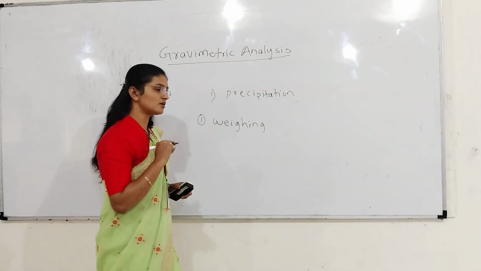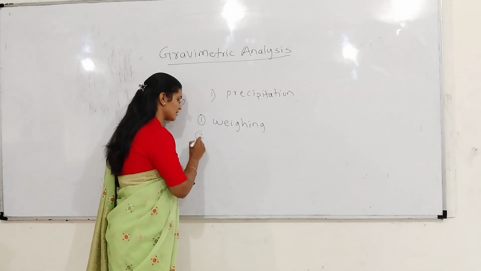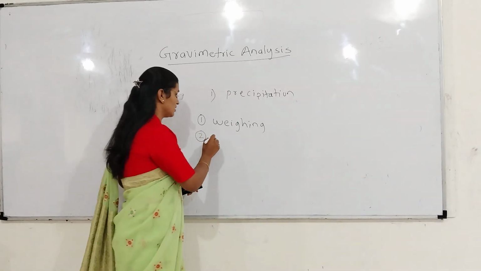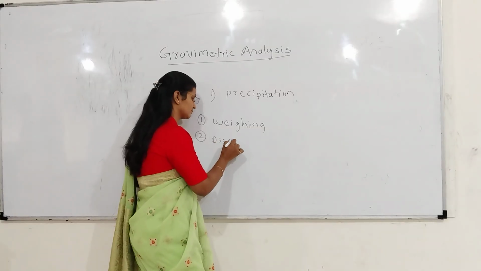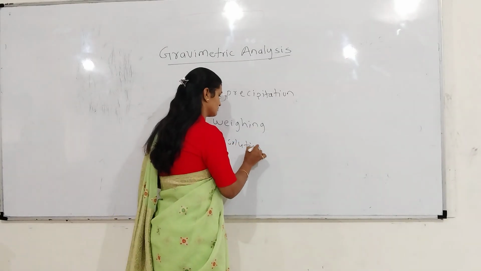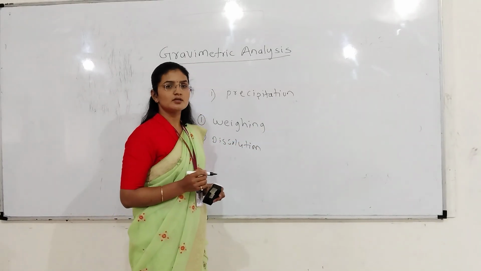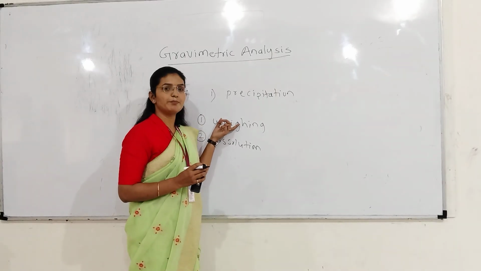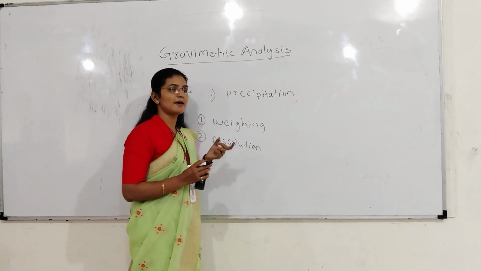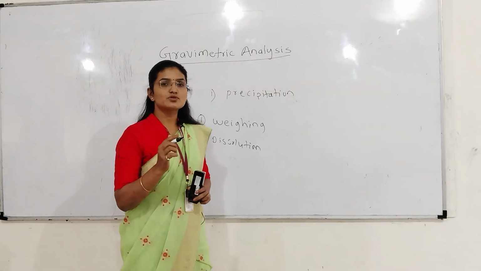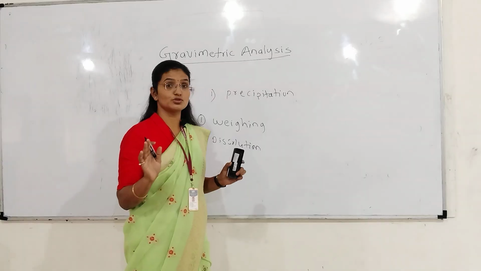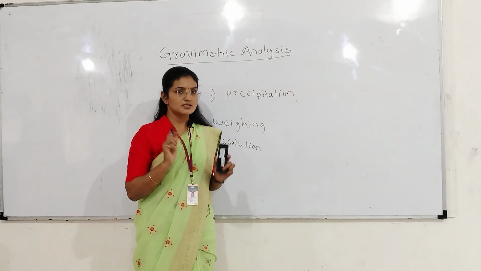Then come towards the second step. The second step of the gravimetric analysis is the dissolution. When you have weighed your accurate sample, take that sample and, by using the proper solvent, dissolve it to form a clear solution or saturated solution.